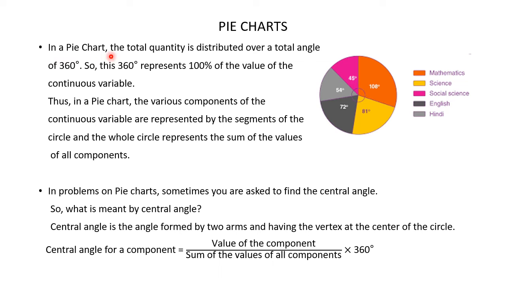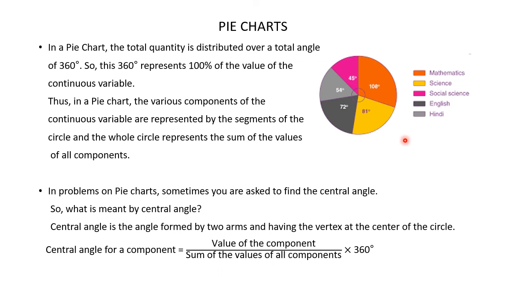In a pie chart, the total quantity is distributed over a total angle of 360 degrees. So, this 360 degrees represents 100% of the value of the continuous variable. Thus, in a pie chart, the various components of the continuous variable are represented by the segments of the circle, and the whole circle represents the sum of the values of all the components.